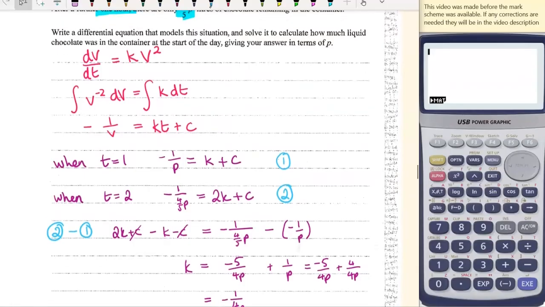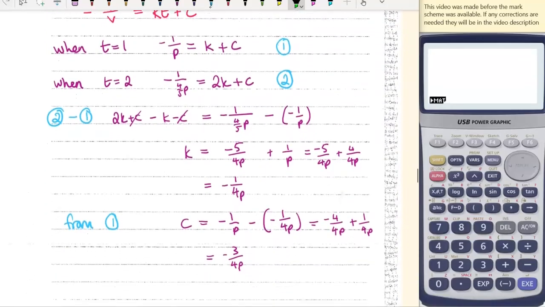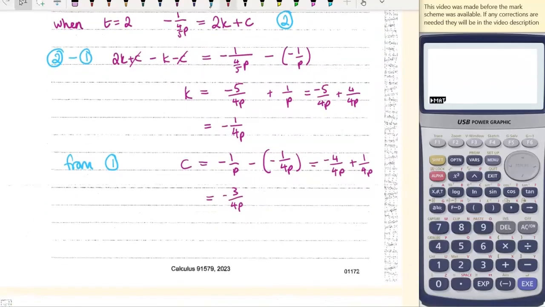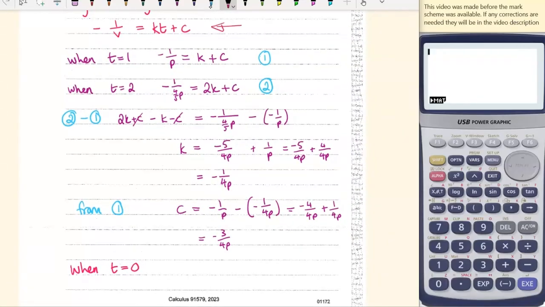The last bit of the question is, calculate how much liquid chocolate was in the container at the start. So we want to work out when t is 0. So when t is 0, we've got our equation for V up just here. So I'm using that equation now. Minus 1 over V is equal to kt plus c.